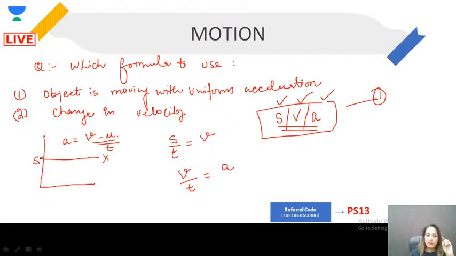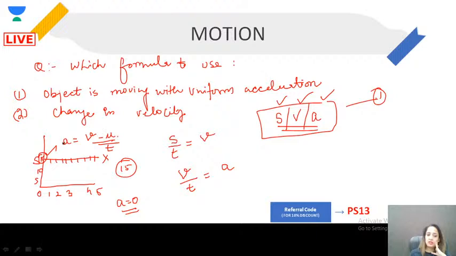But here the final and initial velocity at any time is the same. It was always at 15 meters per second. So there is no change in its velocity, and its acceleration is 0, right? v minus u by t.